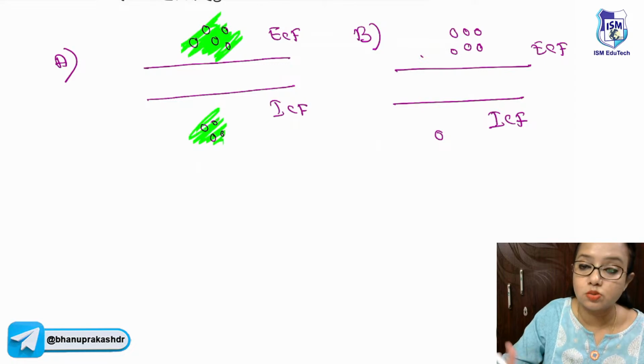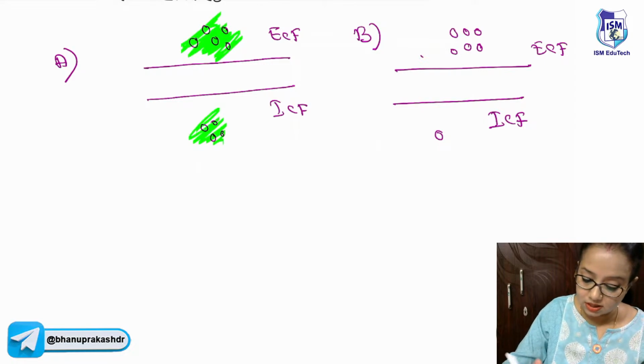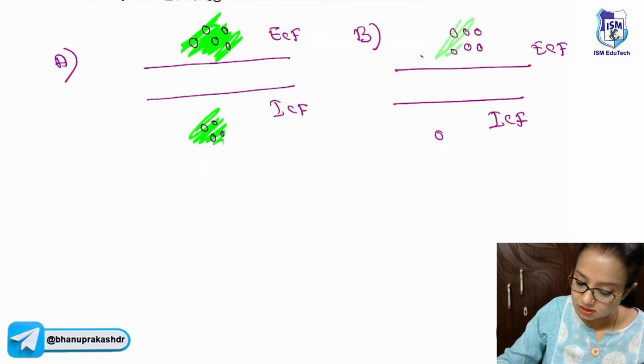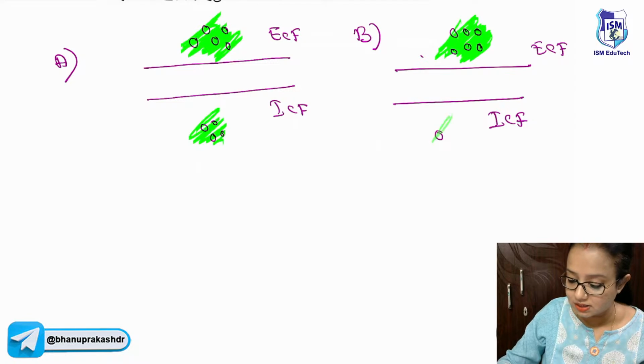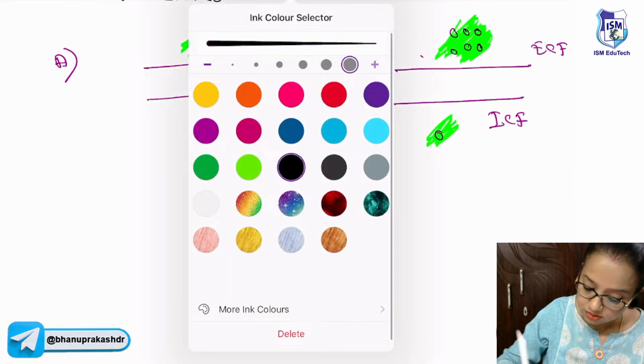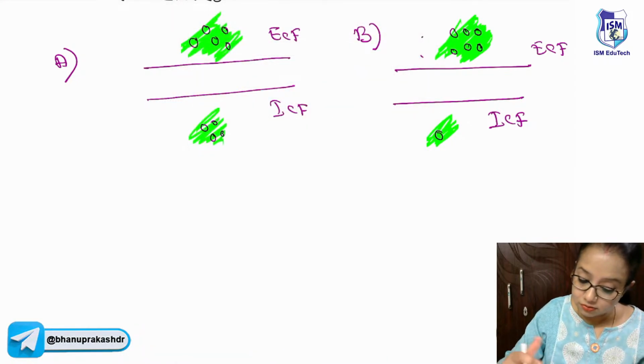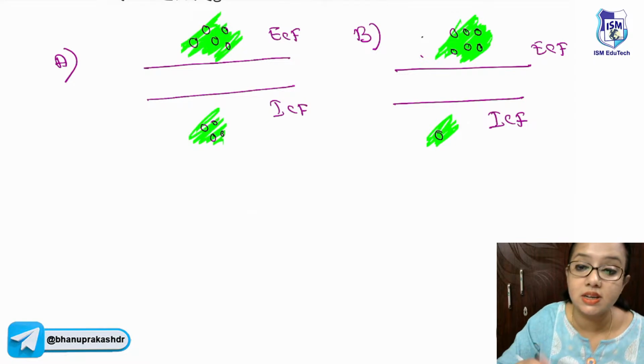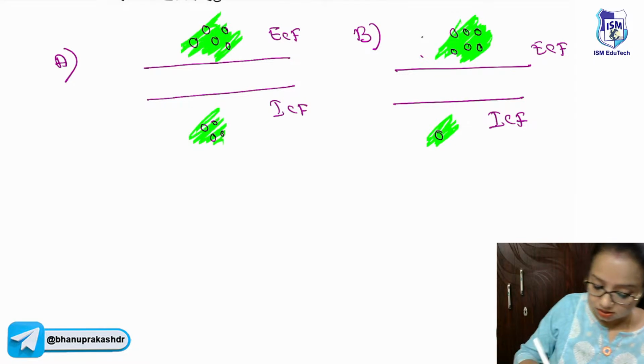Though the ECF has more concentration, the difference is not very high. Whereas here, there are 6 molecules in the ECF and only 1 molecule in the ICF. So where will the concentration gradient be bigger? Where will the difference in the concentration be more?